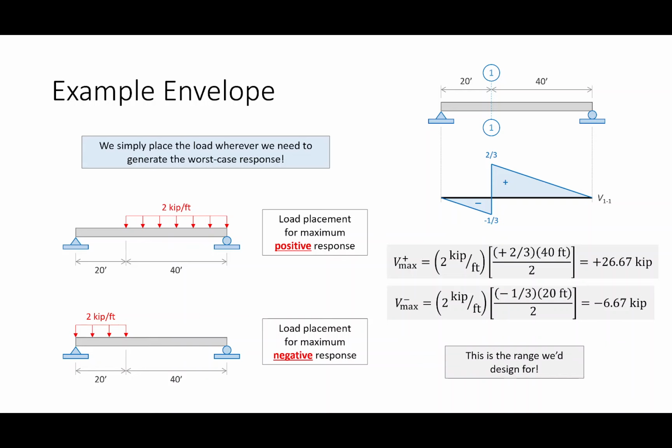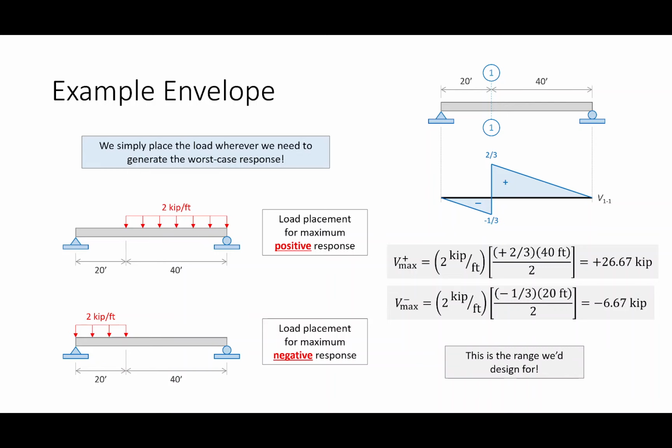It was just a 2 kip per foot across the whole beam. I would determine the shear due to that load as 2 kips per foot times the sum of these areas, right? And this would be a positive area and this would be a negative area, okay? Does that idea kind of make sense? That if the load can't move, I would just take all the areas. If the load can move, I just take the worst case responses of either side.